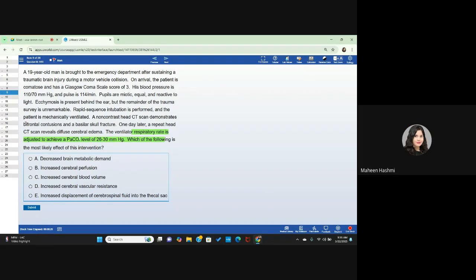Okay, how else do you measure carbon dioxide? What's the non-invasive method? So ABG is the invasive method, right? Because you're inserting a needle. What's a non-invasive method of measuring carbon dioxide? What's it called? It's called capnography.